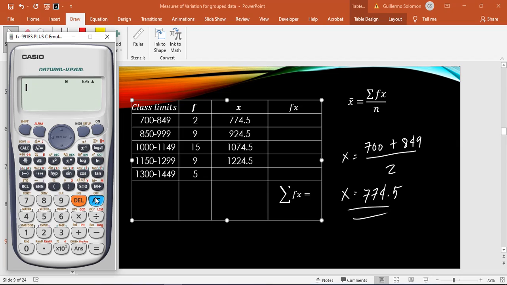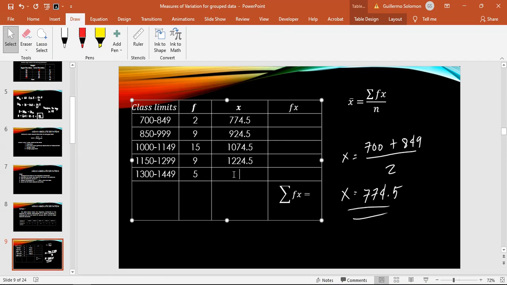So next, the last but not the least, 1,300 plus 1,449 divided by 2 is 1,374.5.